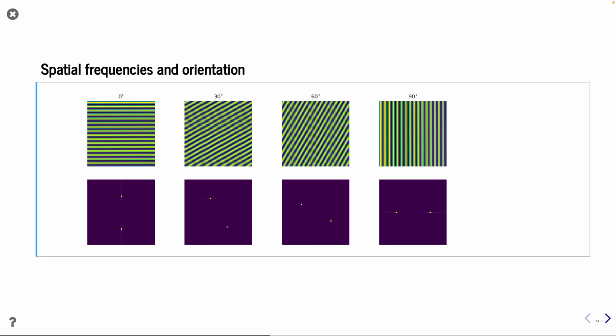Another interesting thing about the Fourier transform is that you can identify orientations in the data. Here I have some images in real space, ripples with different orientations. When you compute the Fourier transform of these ripples, you can see two response peaks, just opposite of each other in the vertical direction.